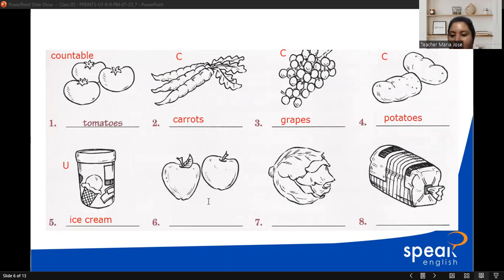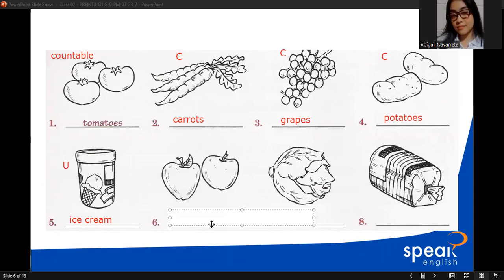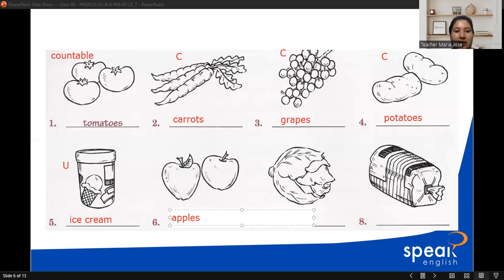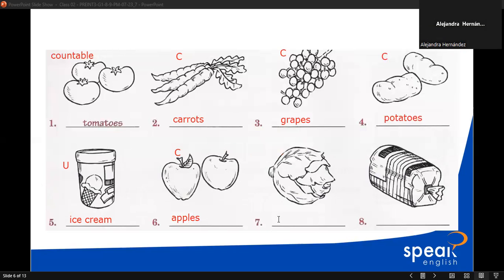What about number 6? Abigail? Apples. Okay. And this is countable. Perfect. Number 7, Alejandra? Lettuce.